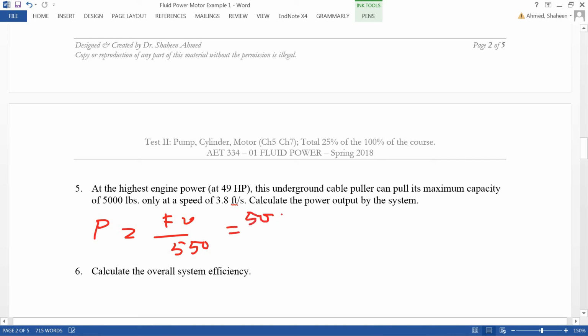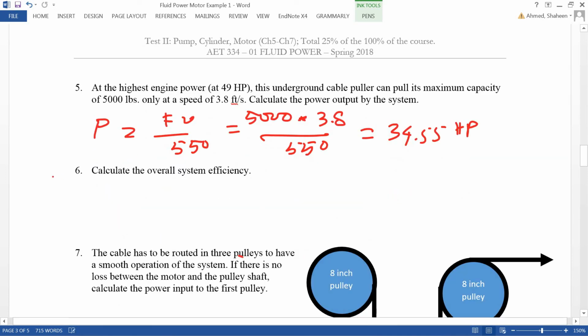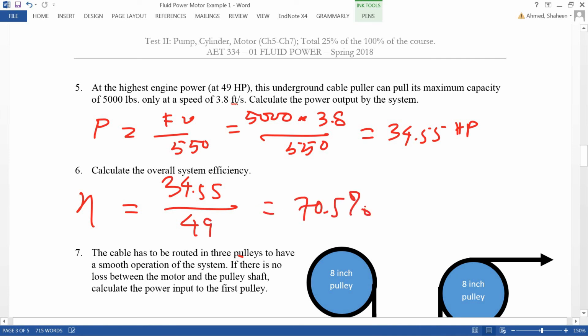So I got 5,000 times 3.8 divided by 550, which is calculated as 34.55 horsepower. Overall efficiency of the system: eta is equal to 34.55 divided by 49, and I got 70.5%.